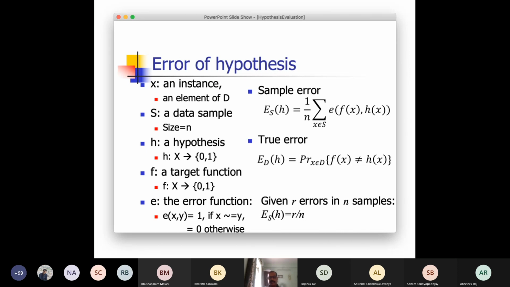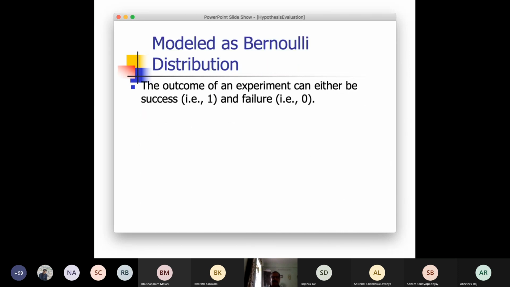Now, if I consider that there are r errors in n samples, according to our definition I can write it as r by n, right? That is the fraction I was mentioning, and that is your sample error, or your estimate of the true error.